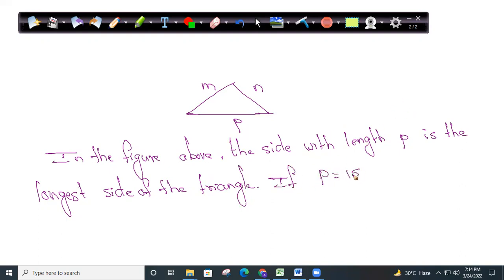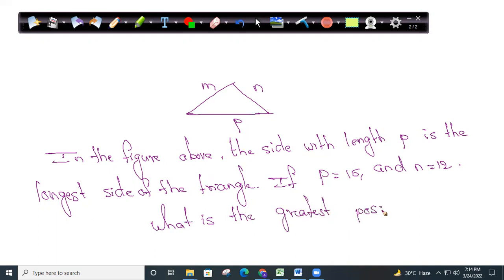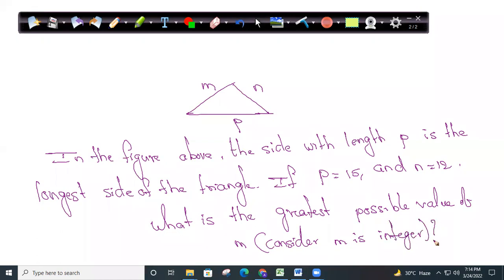If P is equal to 15 and N is equal to 12, what is the greatest possible value of M? Consider M is an integer. Integer means all countable numbers, those are called integers.